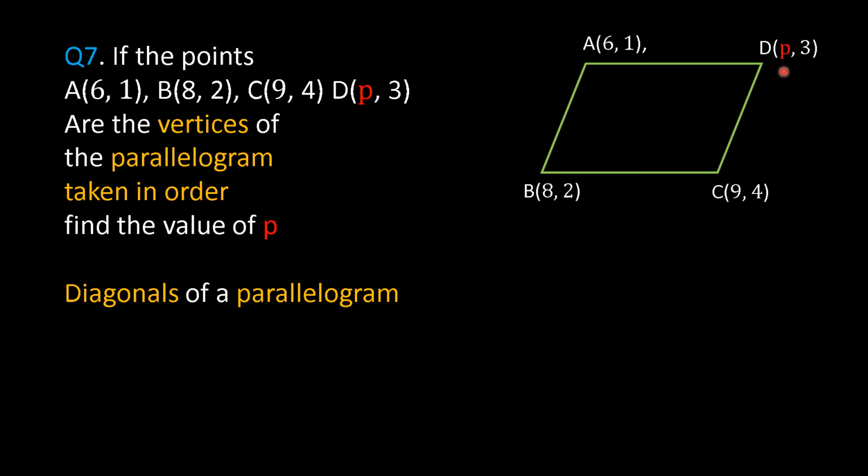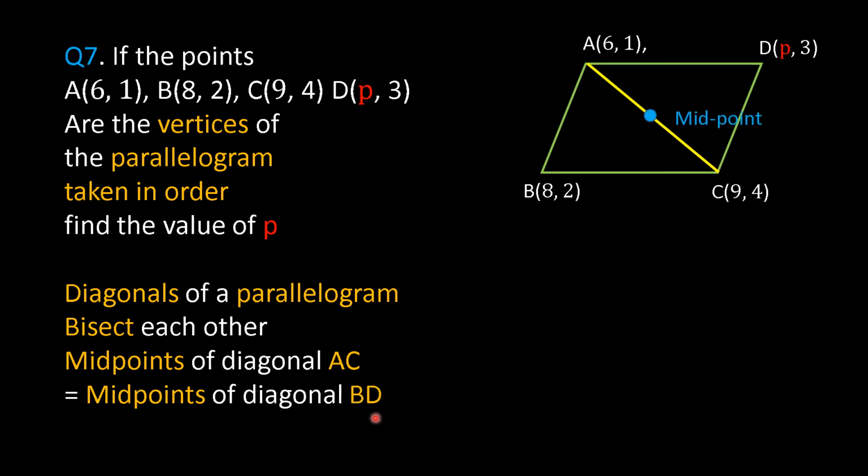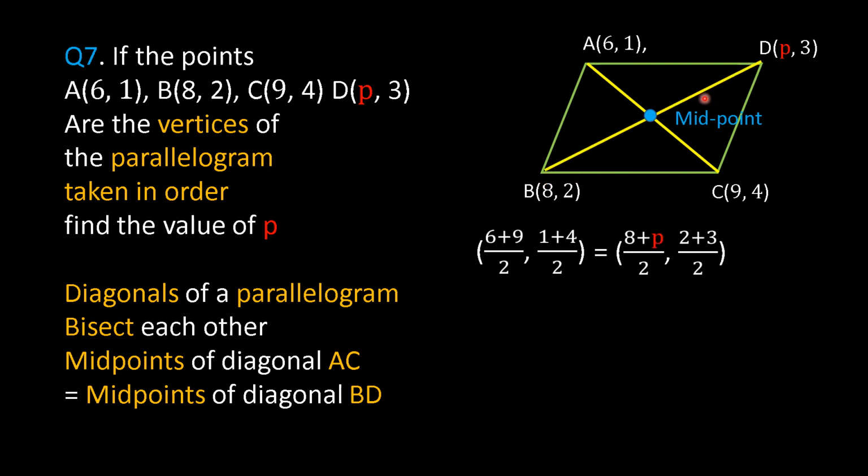We know that diagonals of a parallelogram bisect each other. Therefore, the midpoint of diagonal AC equals the midpoint of diagonal BD. So, the midpoint of these two diagonals is the same point.